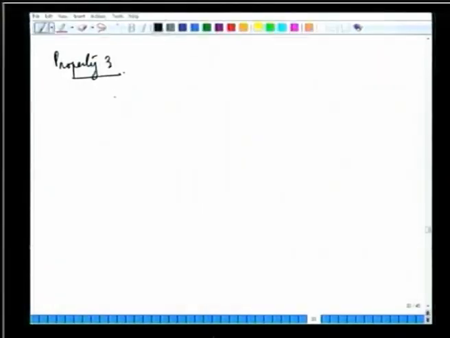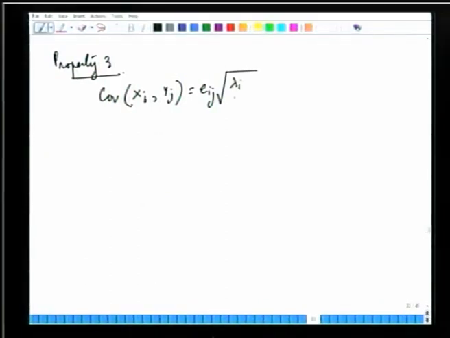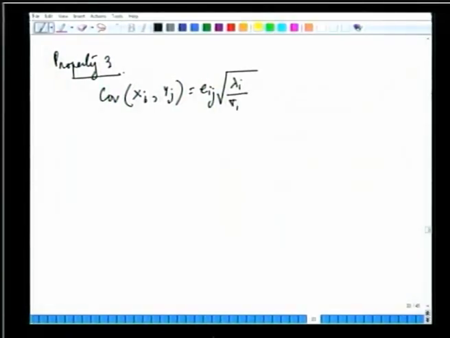So this is the next property that we are talking of, that is the correlation between xi, the ith original variable, and the jth principal component yj, which is eij root of lambda j by sigma ii.